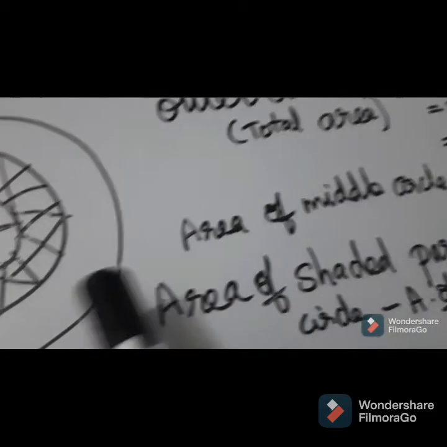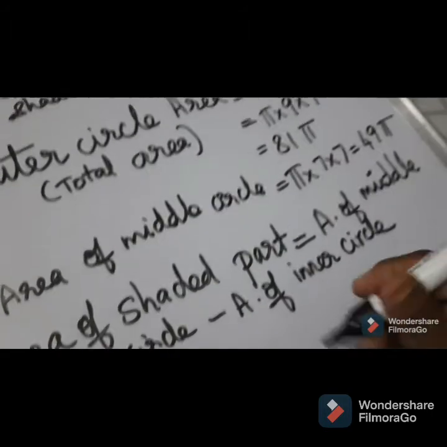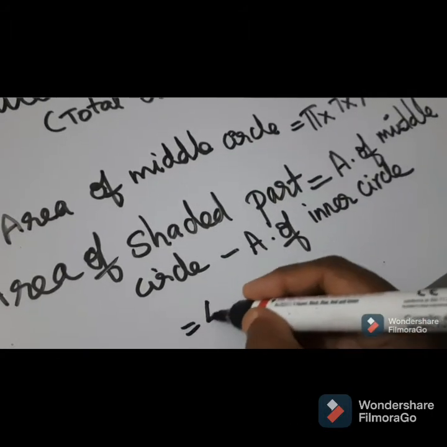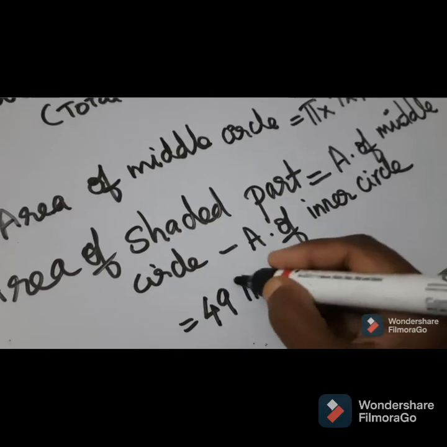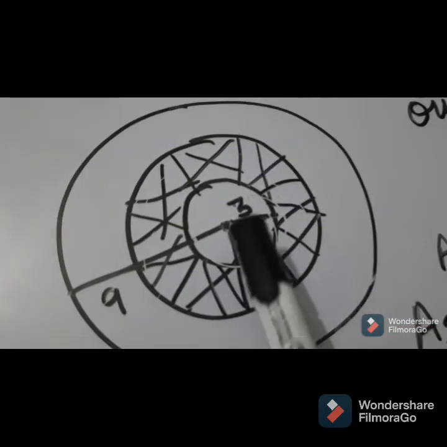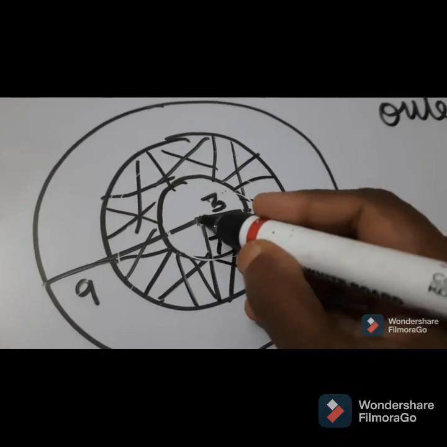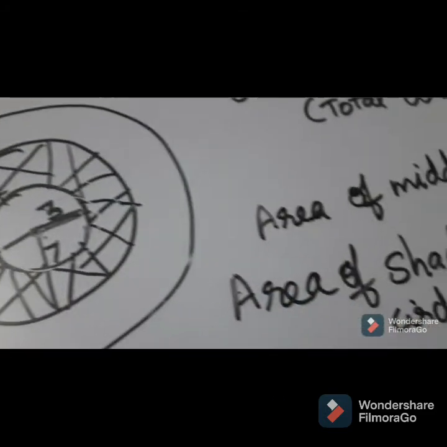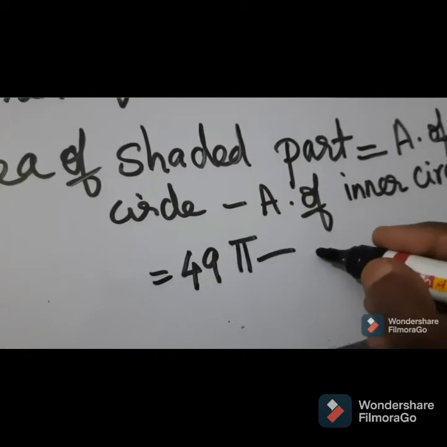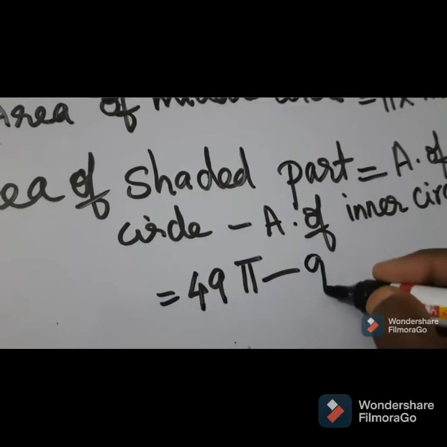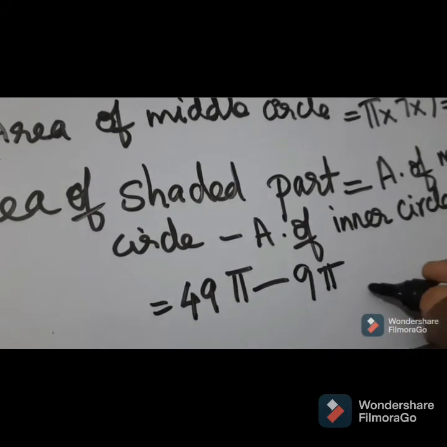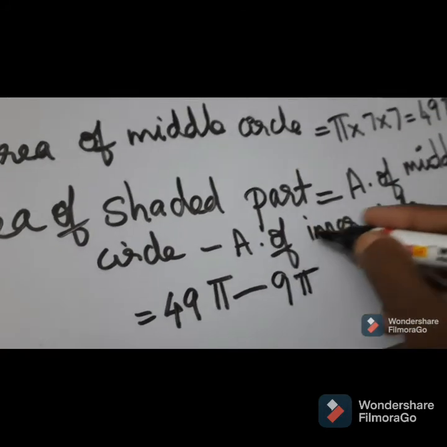So we know that the area of the middle circle is 49 pi. And what about the area of the inner circle? Radius is 3. So 3 into 3, 9. Pi r square will come. That means the area of the inner circle will come 9 pi.